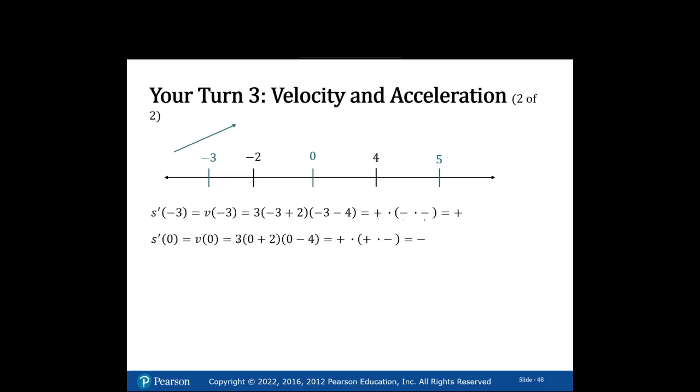So I have positive, positive, negative, positive, positive, negative. I get a negative number. Perfect. Now we're going to do it again. Now I'm plugging in 5 for the opposite side. So if I plug in 5, I'm going to get 3 positive numbers. So I have a positive slope there.